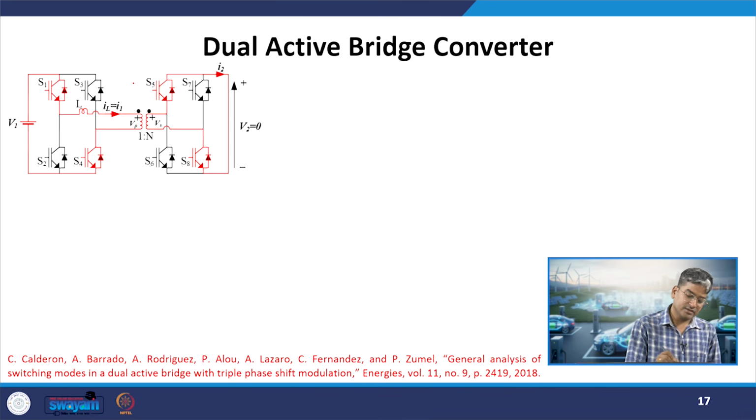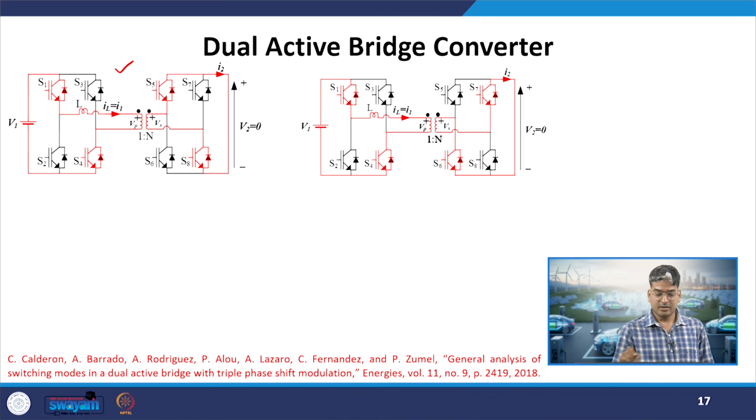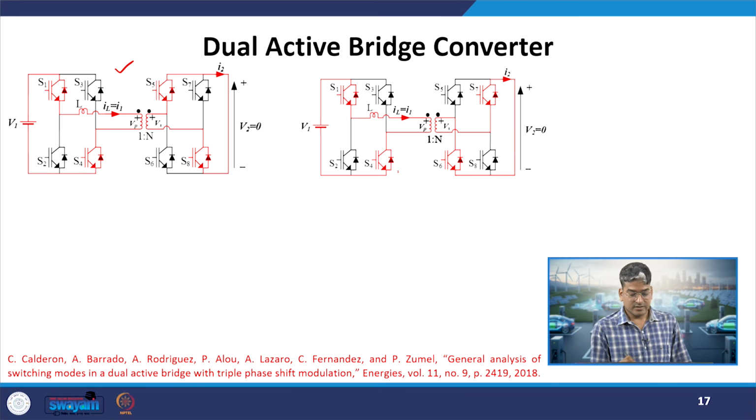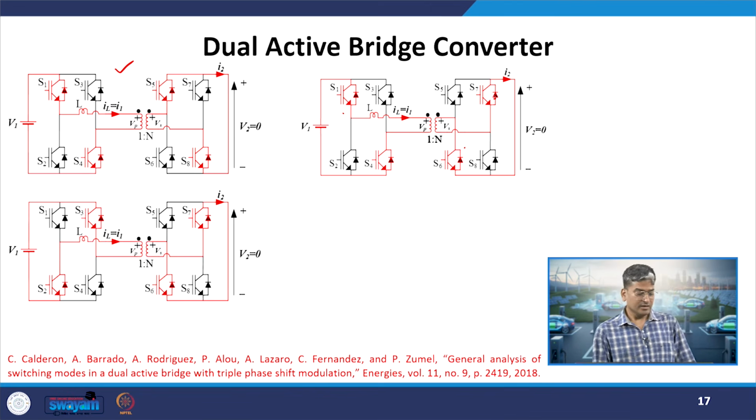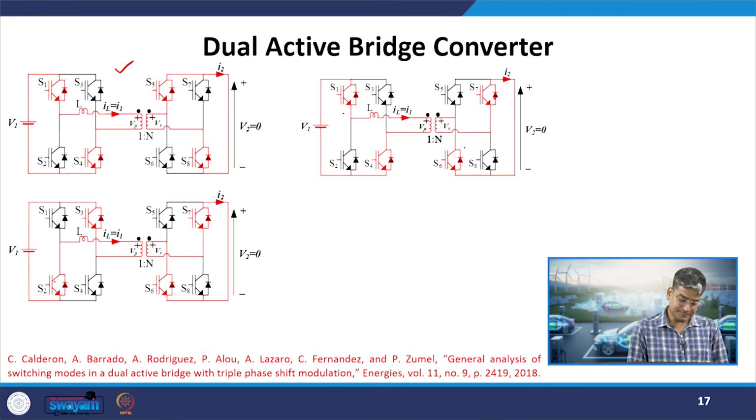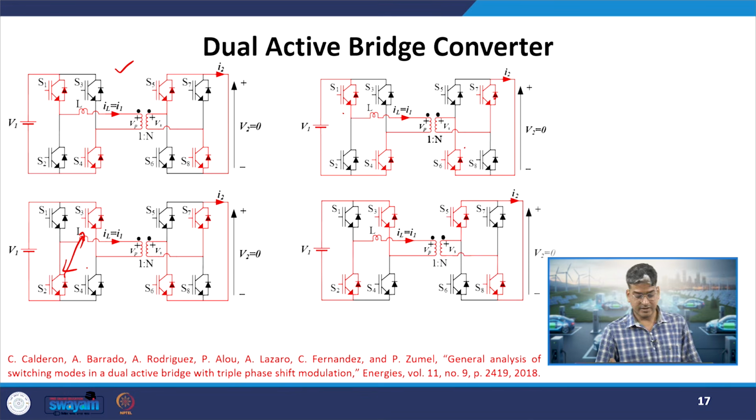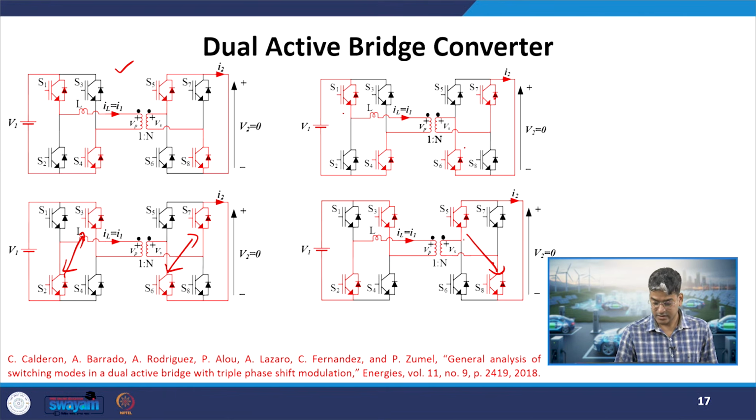This circuit is true when on the primary side S1 and S4 are on, and on the secondary side S5 and S8 are on. Similarly, the next equivalent circuit is when on the primary side S1 and S4 are on, whereas over here S6 and S7 are on. In this case also, when S2 and S3 are on in the negative half cycle of the primary bridge, we see that S6 and S7 are on, and in the fourth equivalent circuit S5 and S8 are on.